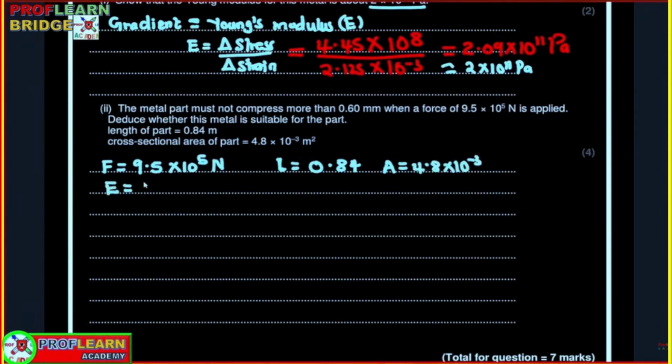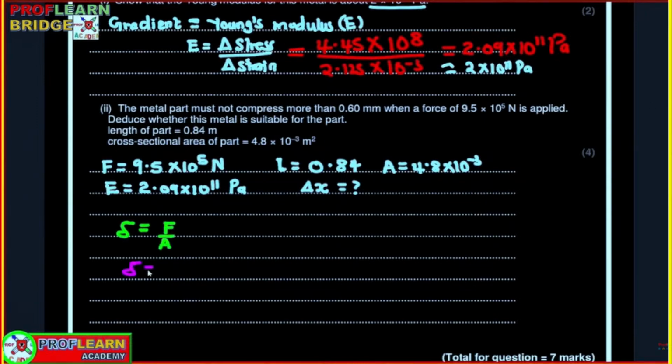We have Young's modulus, which we obtained from the previous section, 2.09 times 10 to the power 11 pascals, and our objective is to find delta x. This delta x, which is the extension, we shall compare with the 0.60 millimeters that we have somewhere there.